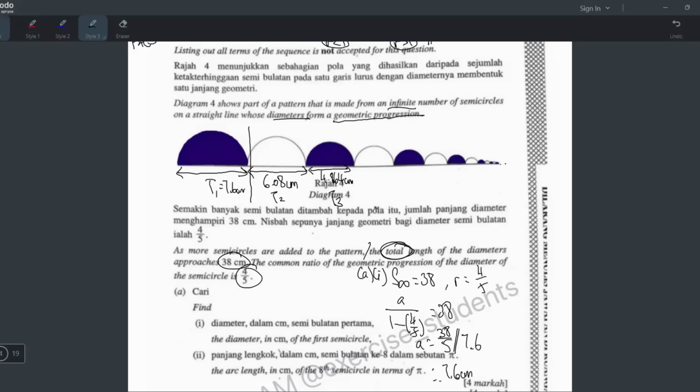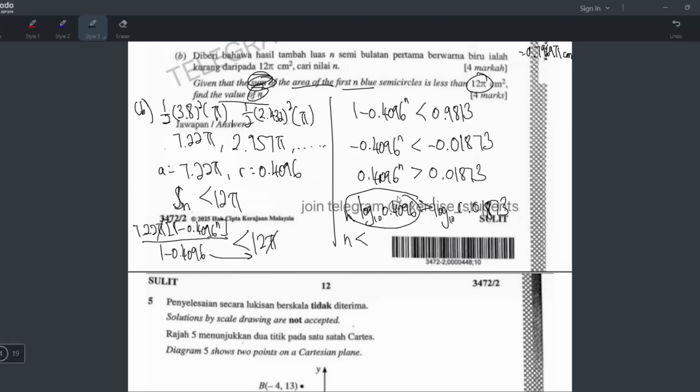It becomes smaller again, because later when you press this, it's negative. So log 0.01873 divided by log 0.4096, base 10. I got 4.456.